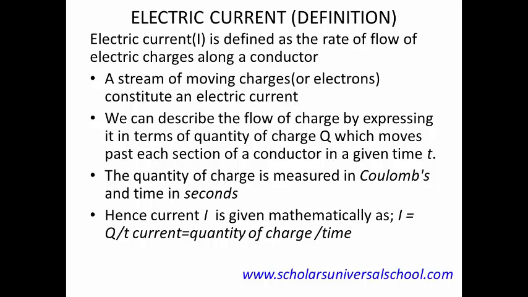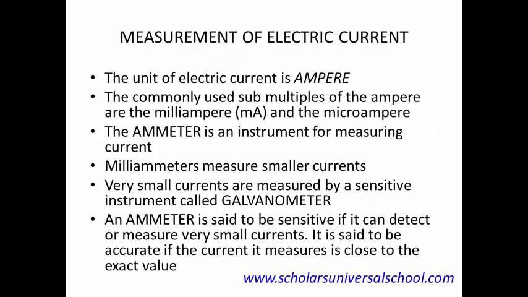So hence, we can give current mathematically to be the quantity of charge divided by the time taken for the charge to flow in the conductor. And the unit of current is ampere. It is measured in ampere.